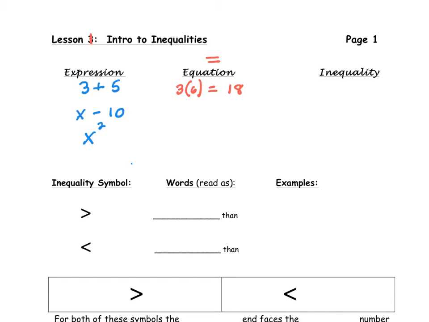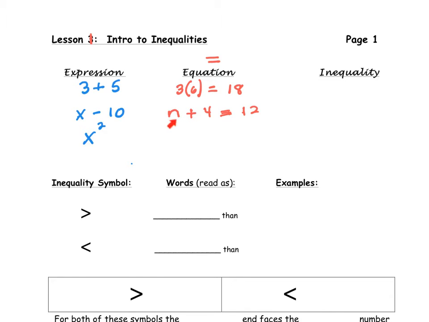So now let's look at what an algebraic equation would look like. We could have n plus 4 equals 12. And even though we have a variable, we now have enough information because we know what this side equals. We now have enough information that we can figure out what the value of n has to be.